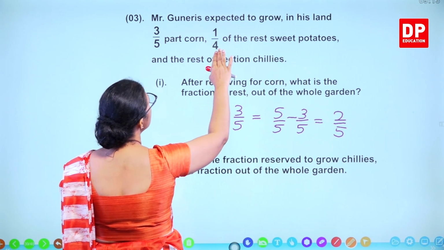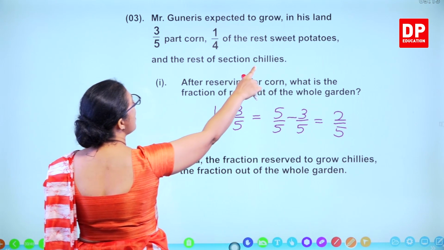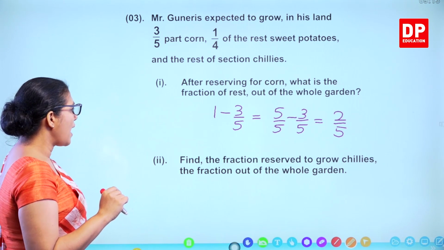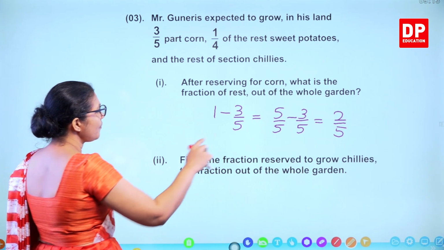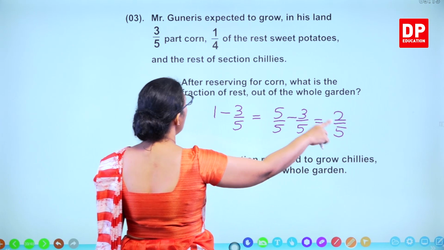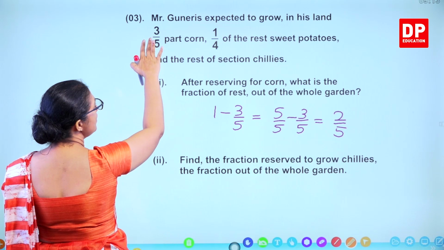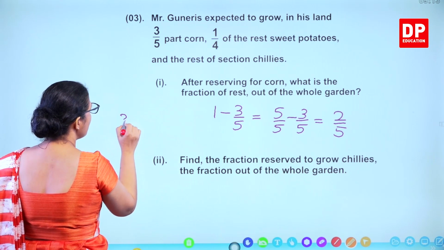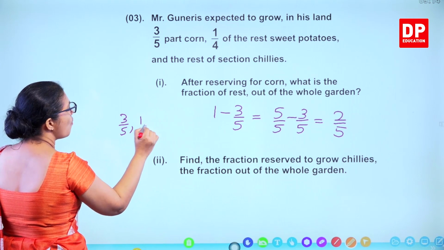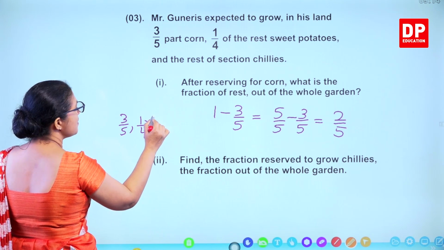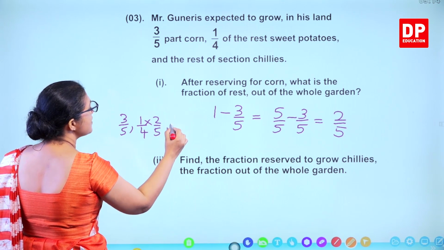Now 1/4 of the rest is sweet potatoes and the other part is chilies. So how can we find that one? We need to find the part for sweet potatoes. So 3/5 is corn, and 1/4 of the rest. 1/4 into the rest means 2/5 is sweet potatoes and the rest is chilies.